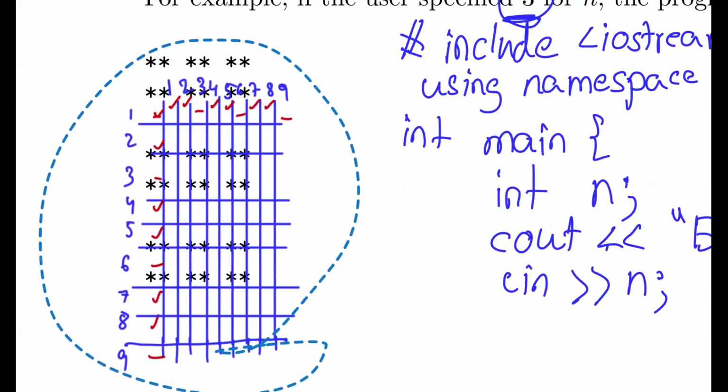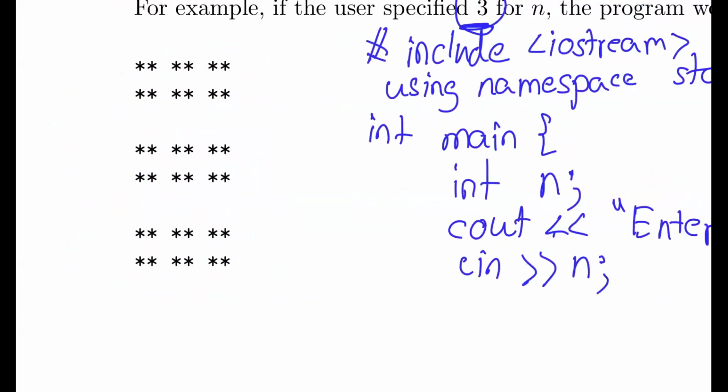Okay. So every time you solve a problem like this, like drawing stars, a triangle, or a pyramid, I suggest you draw a grid, name each index, each line, then find the pattern from there.